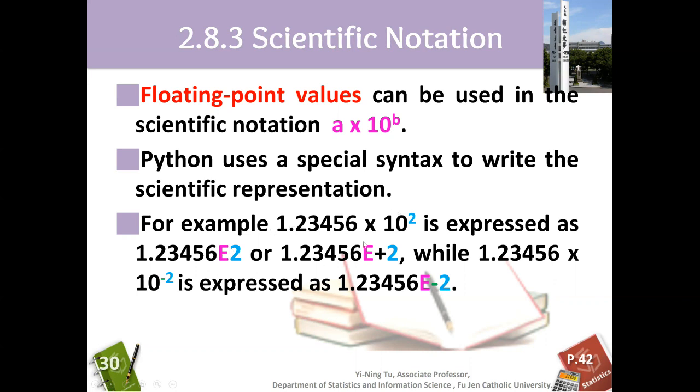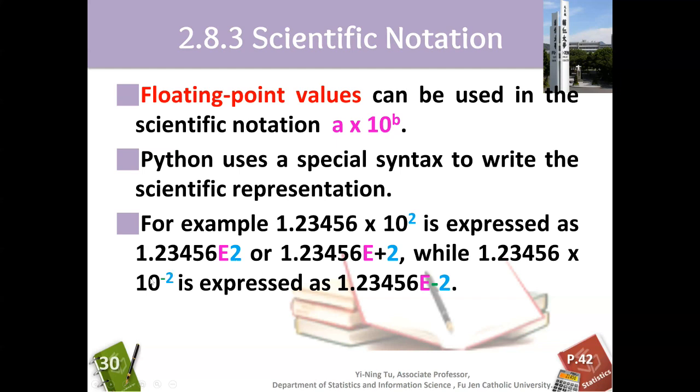For example, a value in scientific notation of 1.23456 multiplied by 10 exponential 2 is expressed as 1.23456E2. E2 means exponential 2. The default is positive, so actually it's positive 2. So you can use this or this, right?